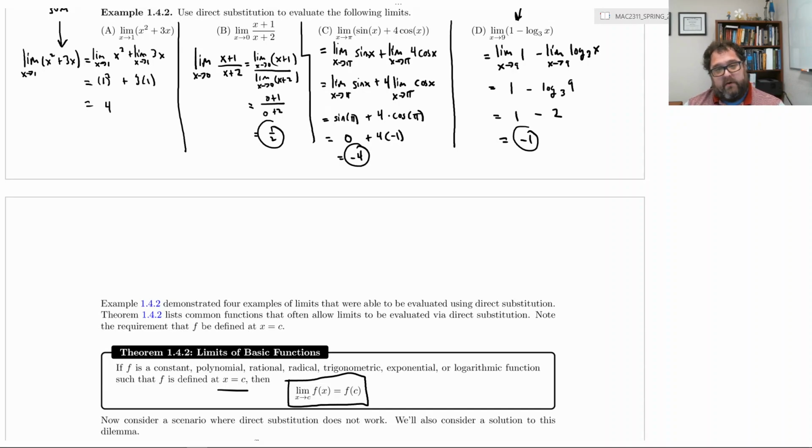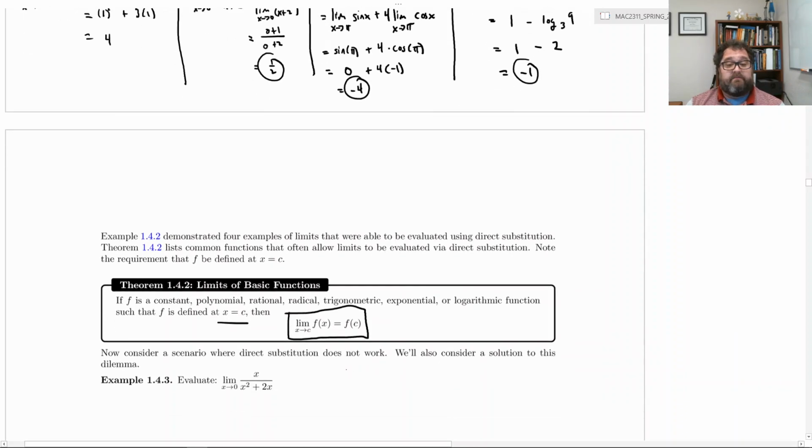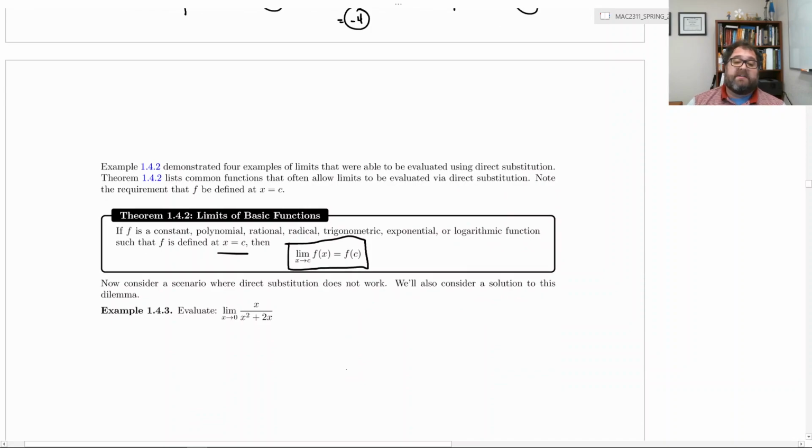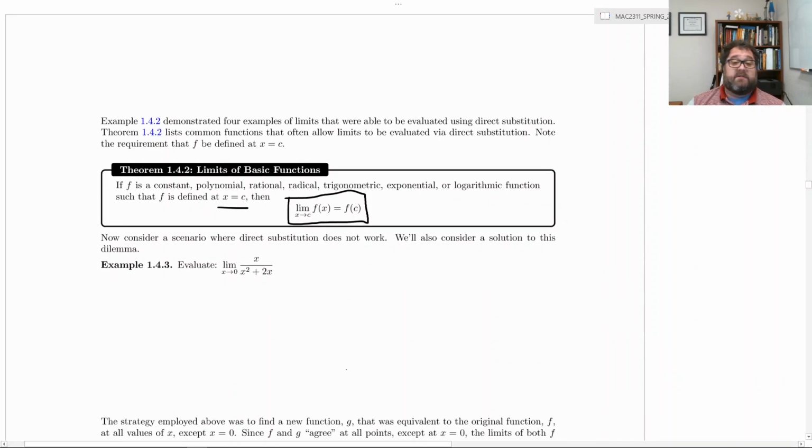Theorem 1.42 basically allows us to use direct substitution if it works. Now, let's consider a situation where this theorem does not work. It did work for the 4 examples up above, and let's look at one example where it does not work. Example 1.43.